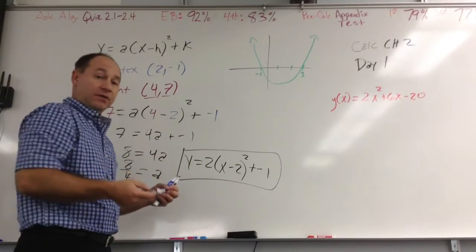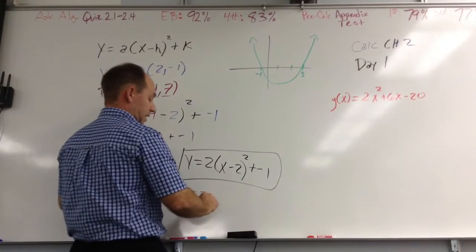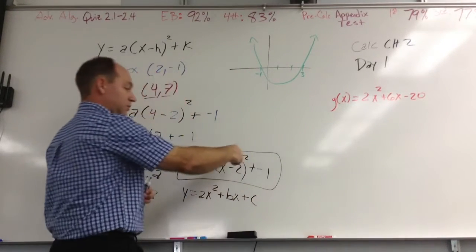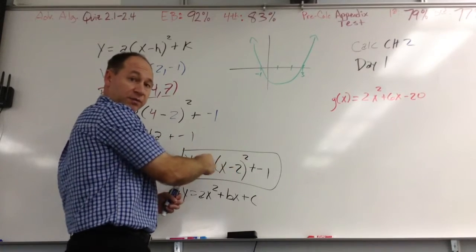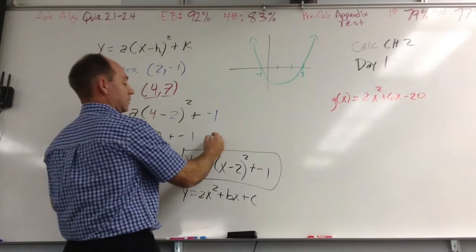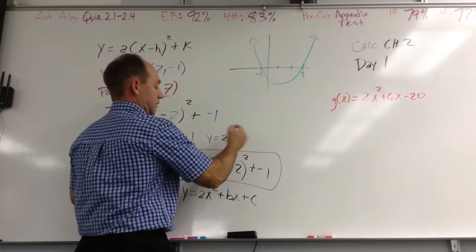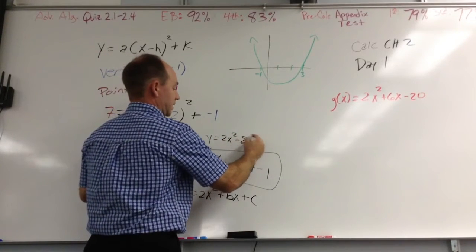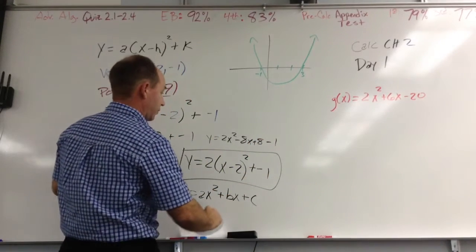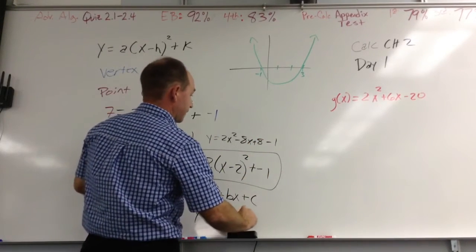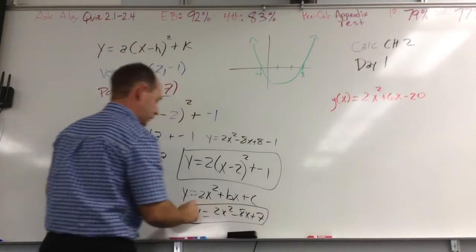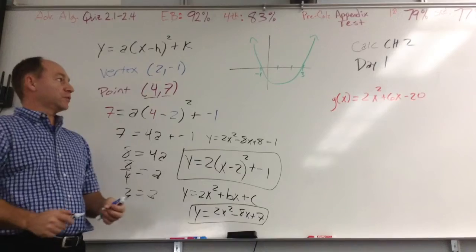Usually they use standard, but any old quadratic would look like this, and you just square that quantity, multiply it by 2, and add negative 1, and clean that up to get y equals, let's see, it'd be 2x squared minus 4x, so that's minus 8x plus 4 is plus 8 minus 1, and so in that form it would be y equals 2x squared minus 8x plus 7. Okay? So that's how we can convert between those two.